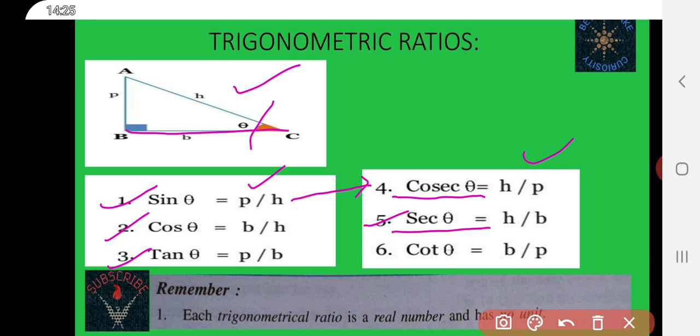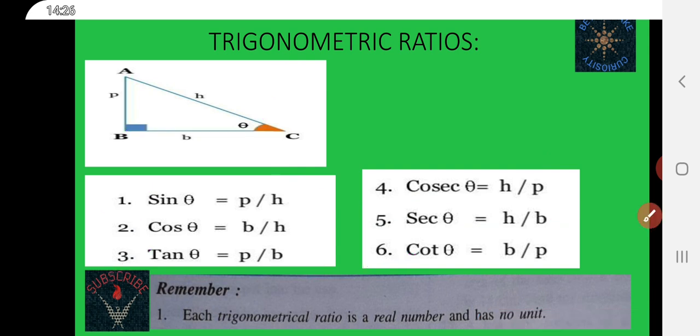See, here B by H, here H by B, and tan theta is equal to P by B, which is reciprocal of cot theta, that is B by P. You should remember this. Okay, very easy to remember in this way.